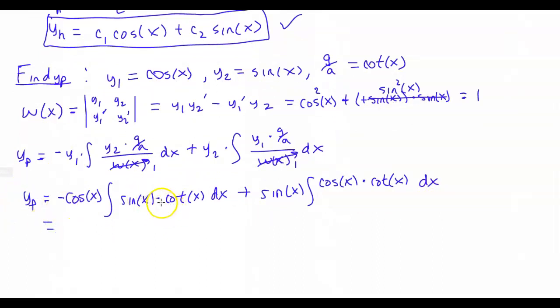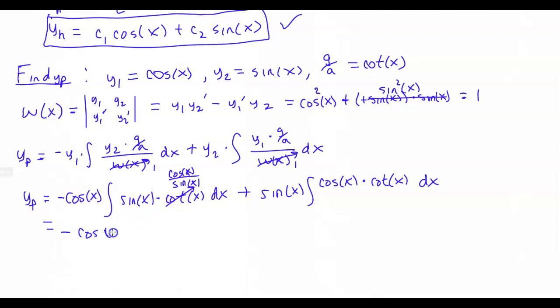And of course, from here, we know that cotangent is the same as cosine x over sine x.